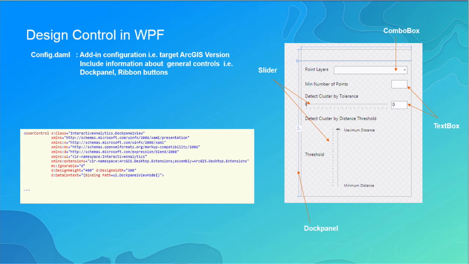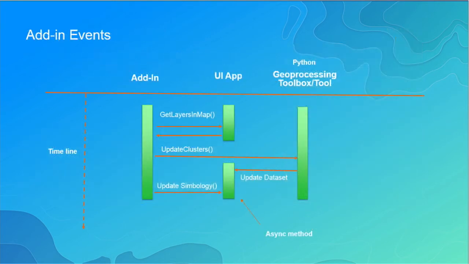If you want to create a panel, the panel is going to be found in the config .xml. When you create the dock panel, it is going to contain an XML file in which you introduce each component and each object or each control inside of the dock panel.